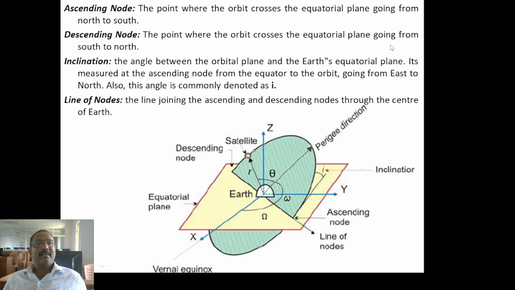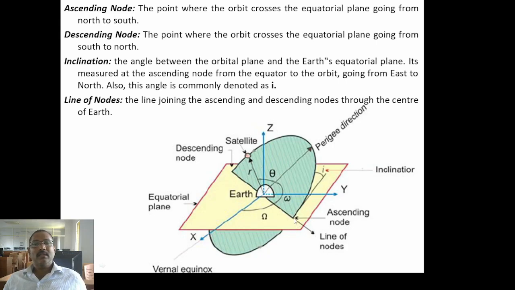Next is the inclination. It's the angle between the orbital plane and the Earth's equatorial plane. That is the inclination, i. Then the line of nodes.